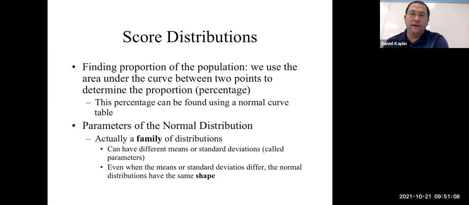So you'll always be able to calculate area under the curve. Not every book is going to do area under the curve between the mean and the z-score. Some actually just go from the beginning of the bell curve, starting at the negative tail all the way to the positive tail. But I find that this is actually more useful. That's actually why I use it. All right.